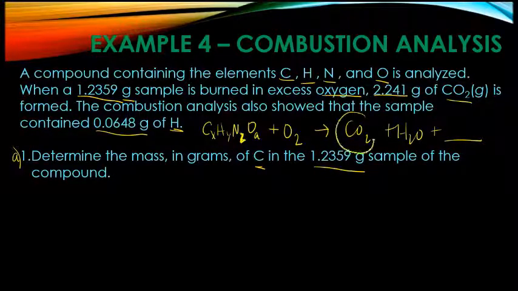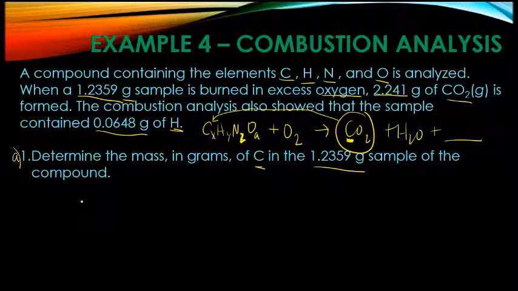They did tell us about the carbon dioxide, though. They told us 2.241 grams of carbon dioxide were produced. So we can use the grams in the carbon dioxide that are actually carbon to figure out the grams of the carbon that are actually in our sample that we started with.